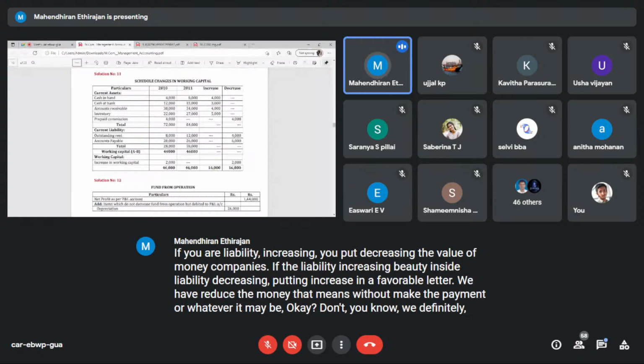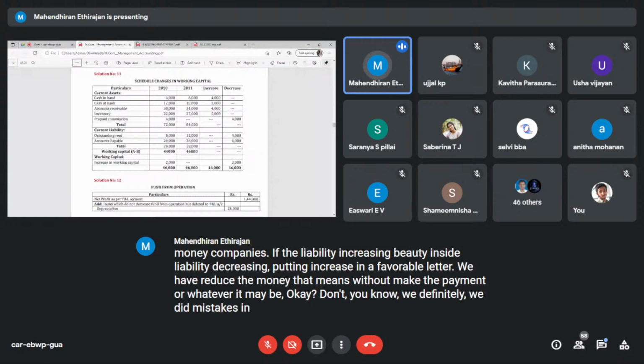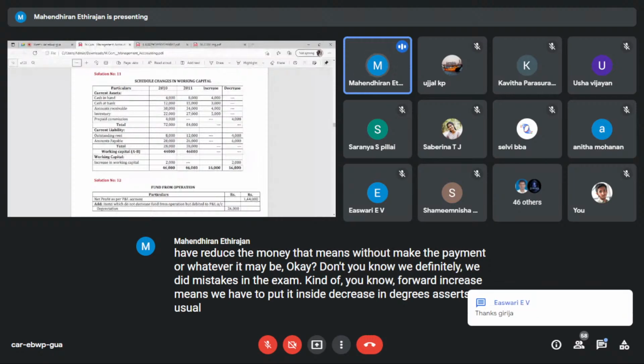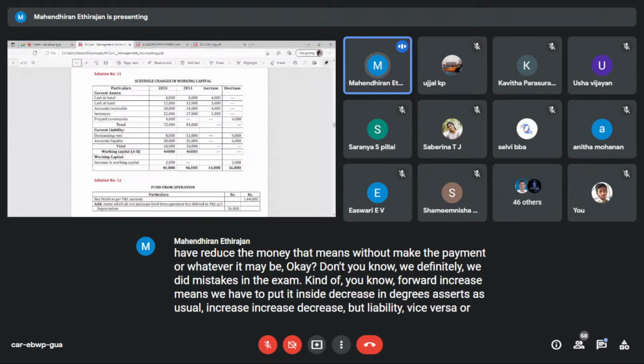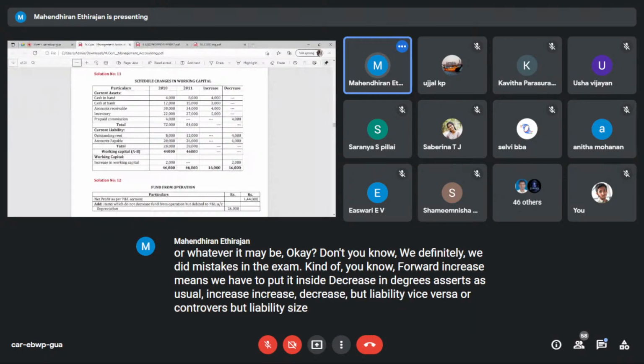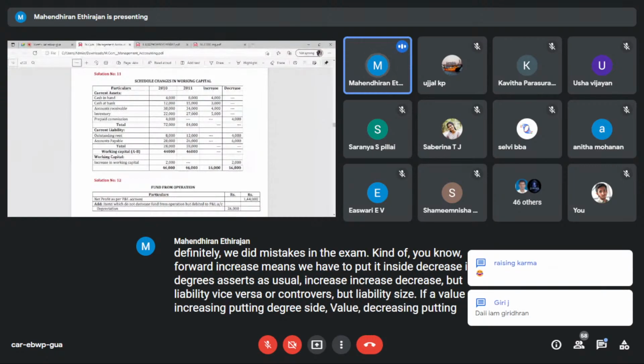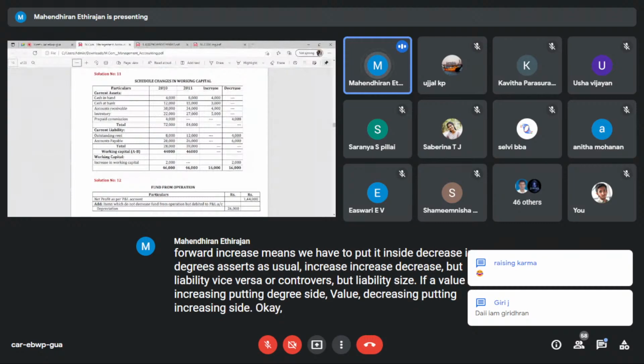We often make mistakes in the exam on this point. Assets as usual: increase, decrease. But liability is vice versa. If the value is increasing, put it on the decrease side; if the value is decreasing, put it on the increase side. Please note it down.